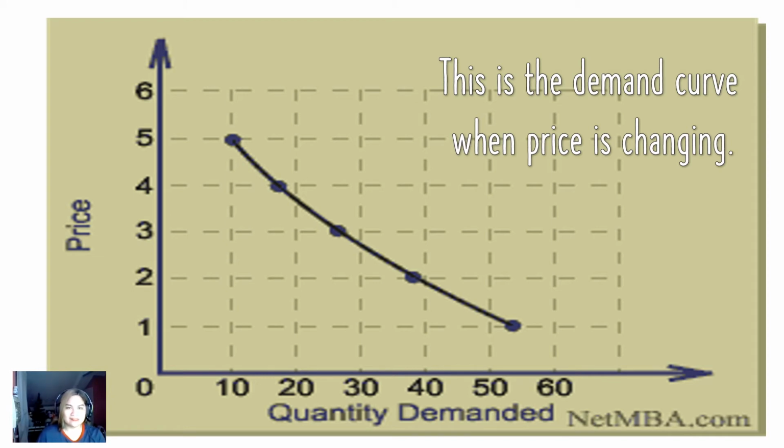If the price is decreased to 4, then the quantity demanded increased to, let's say, 20. So this is price as a determinant of demand. But like what I mentioned, price is not the only thing that determines the demand.